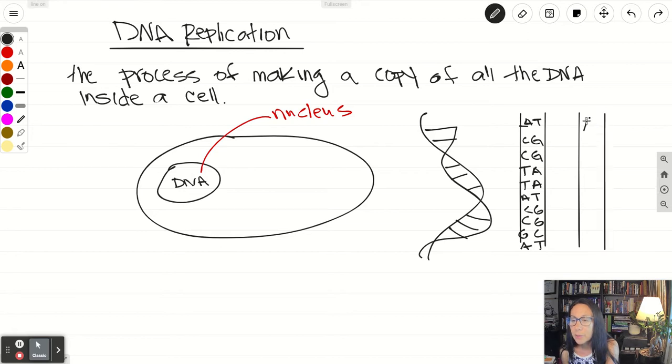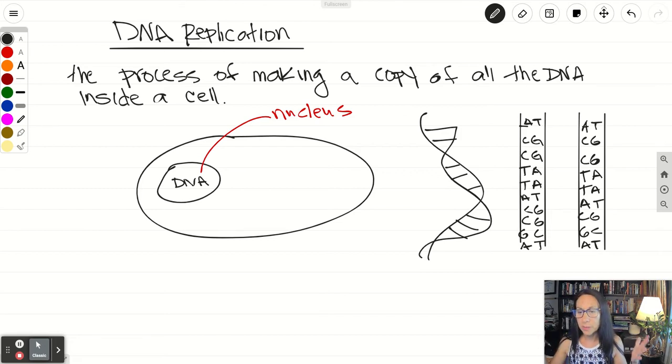Okay, and so what we would end up with is an A here and a T here, C, G, C, G, T, A, T, A, T, C, G, G, C, and A, T. Okay, and so our DNA lives in this double-stranded configuration because it protects it from degrading. Okay, so if it was opened up, then the DNA molecule would easily fall apart. But because they are together like that, it keeps it safe and it protects it from falling apart.